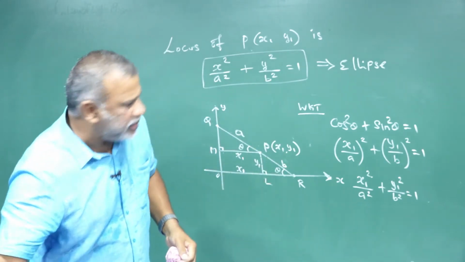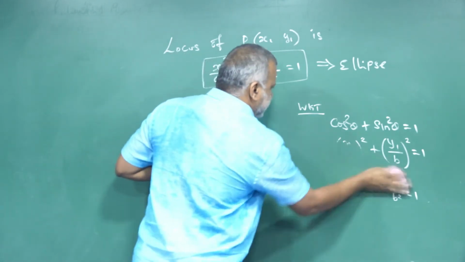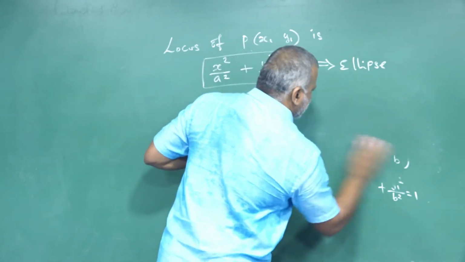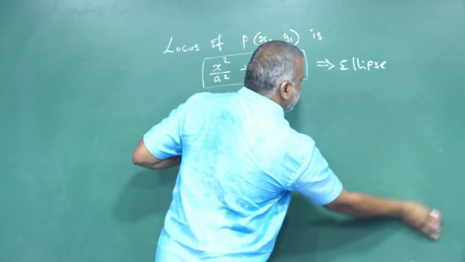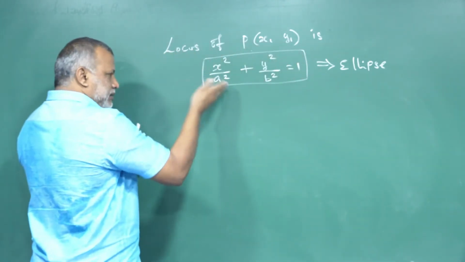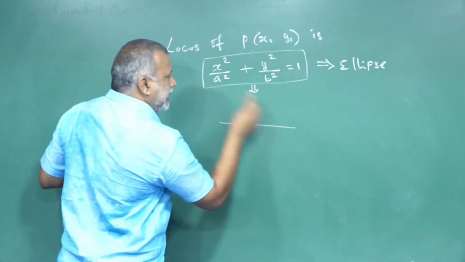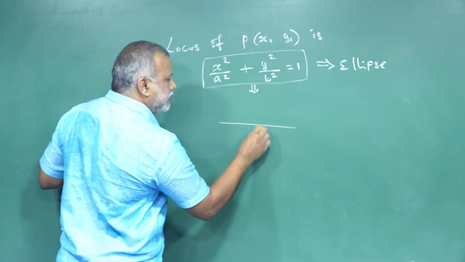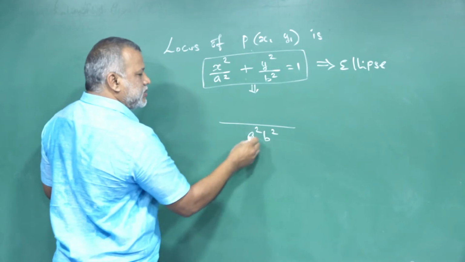Write this information down. Sometimes the question may be asked like this: prove that or show that. Listen to this. This equation may be modified like this. Taking the two different denominators, we can take the LCM a squared b squared.